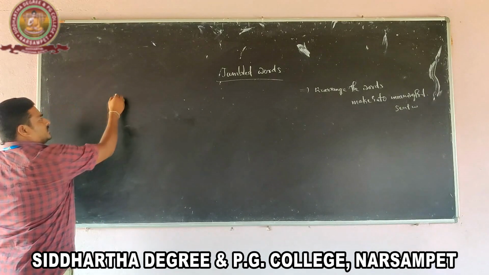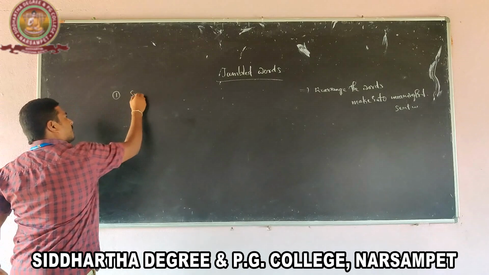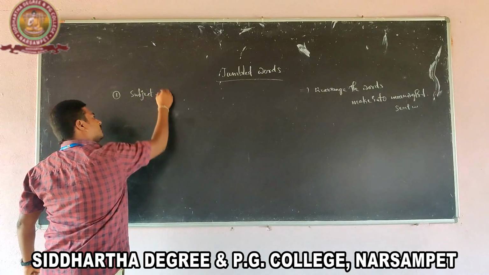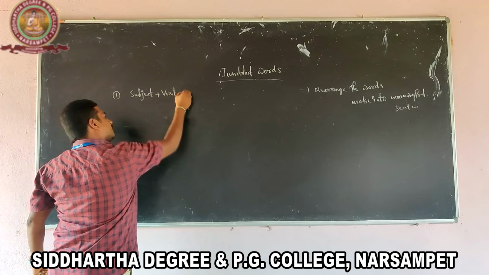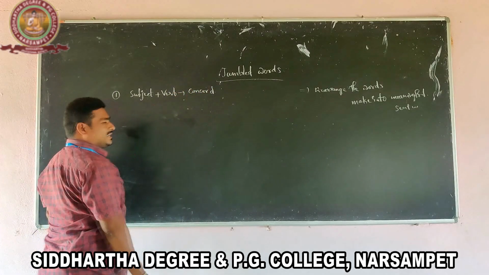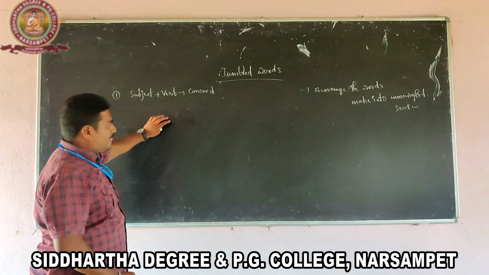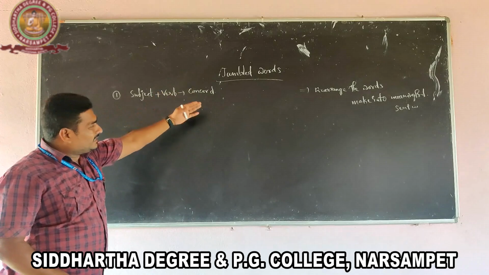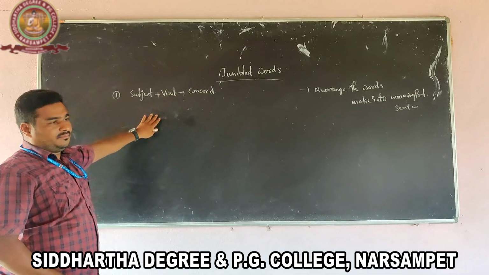The first one is subject plus verb concord. With the use of this trick, the entire grammar part depends on it.